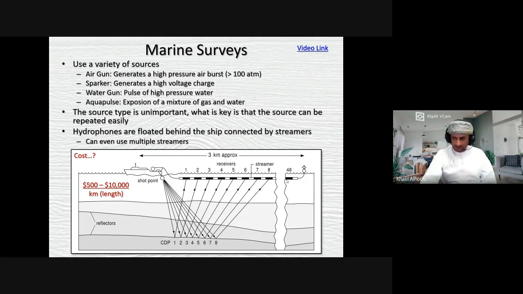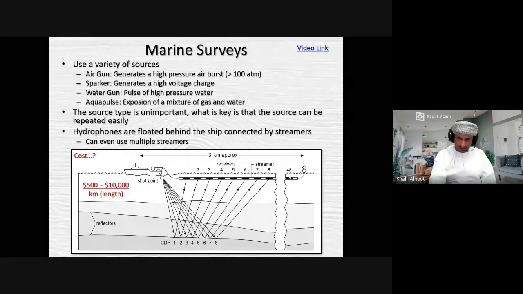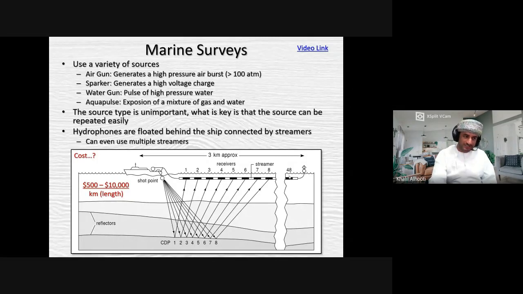In a land survey, each point, either a geophone or a shot point, a VP point or vibrator point, you need to survey it. You need to take an advanced GPS there and record its XYZ location.